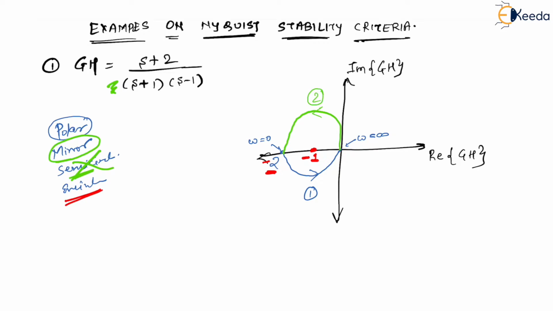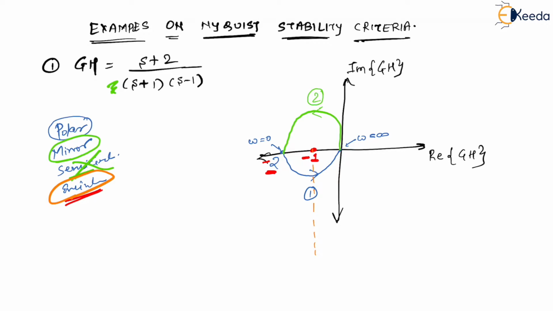Now this is the important thing. How to check the encirclements? That is the question. A small trick is there. The trick is, you please project this minus 1 down.